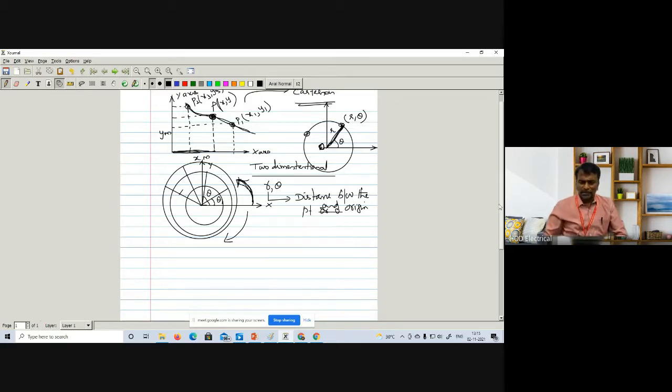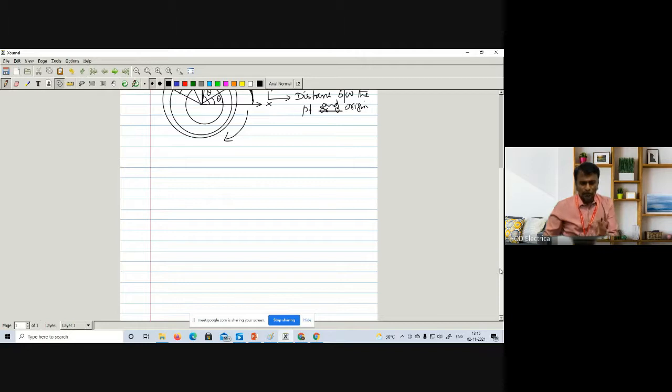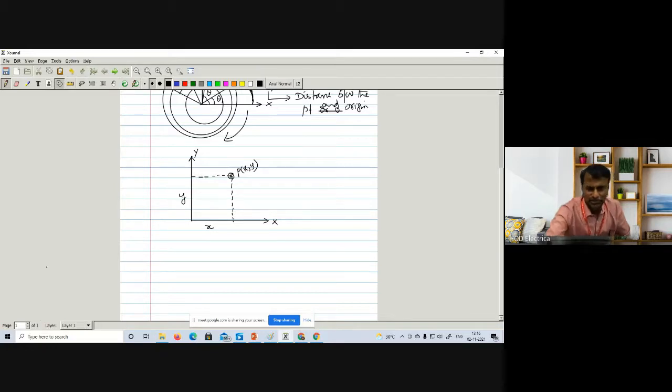So for that purpose, we have to use the polar coordinate system. Now let me explain how I can represent these two, the Cartesian coordinate system and the polar coordinate system, in this same diagram. We know this is the x-axis, then this is the y-axis. This is the point P of x comma y. We can have x meter, then we have y meter.